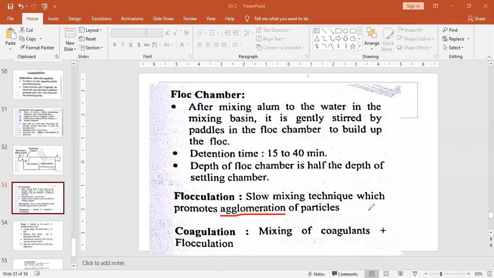And what is coagulation? Mixing of coagulants and the formation of flocs, supporting the flocculation process, is coagulation. So this is about flocculation and coagulation.